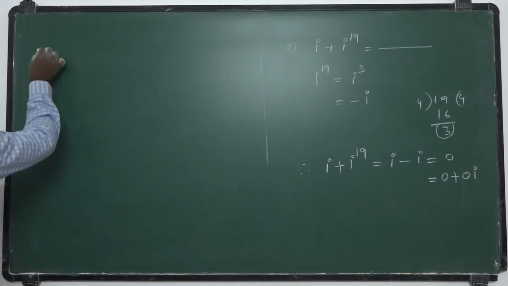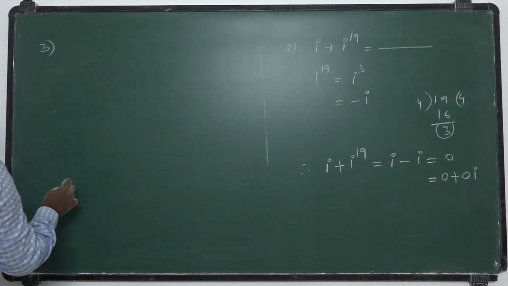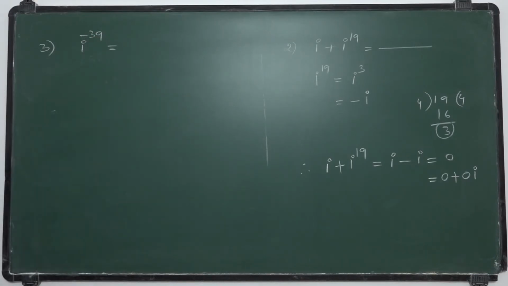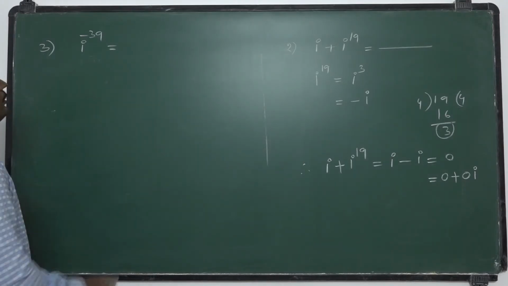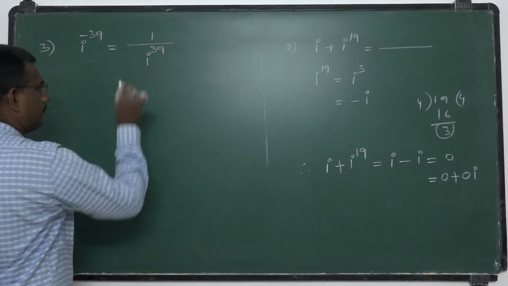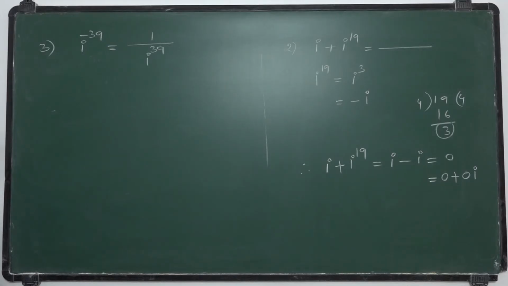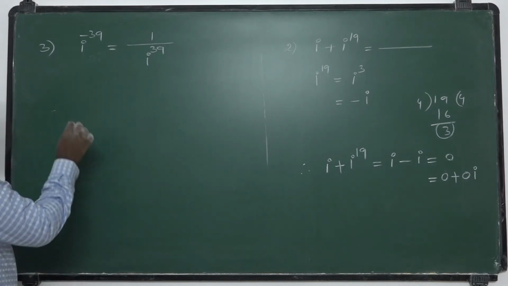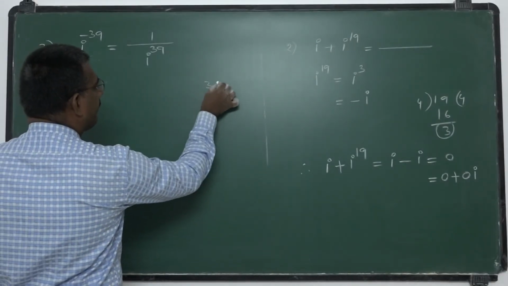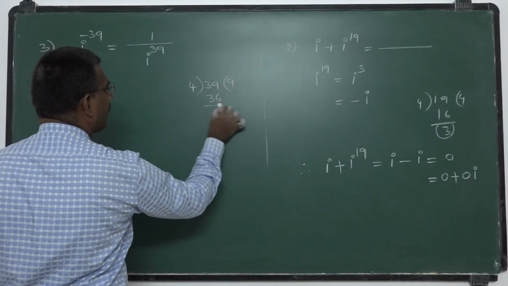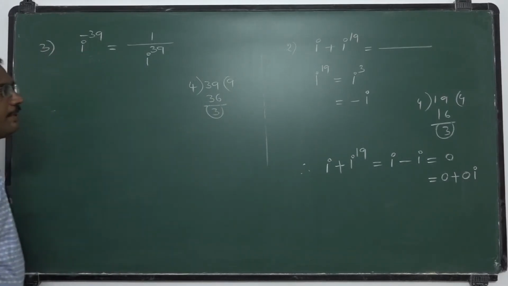Third question, i power minus 39. Now we can express this number in the form a plus ib. First, i power minus 39 is nothing but 1 by i power 39. So first we simplify the i power 39 value. We divide 39 by 4. 4 9s are 36. Remainder is 3.